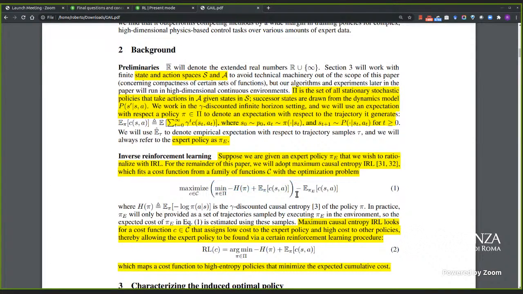Why? Because we want to find a cost function that best explains the behavior of the expert. So the cost function should be minimal for the expert and higher for any other policy.